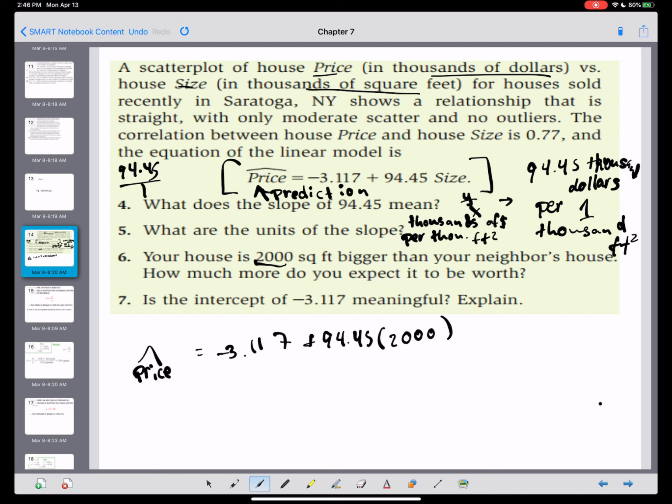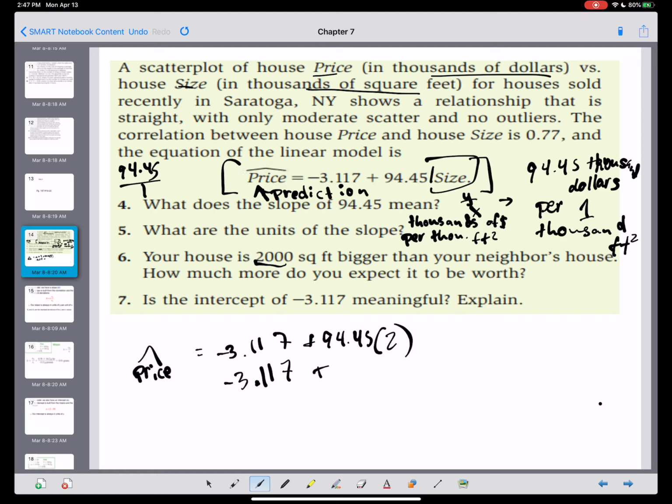3.117. Oh, crud, I totally messed up again. Because size is already in 1,000 feet, you actually should just plug in 2, not 2,000. It's just 2, because it's already in thousands of feet. And to be honest, I can catch myself like that because the number I was plugging into my calculator yielded a really, really big number, which doesn't make sense.